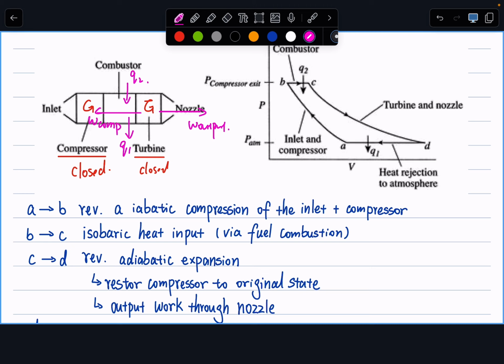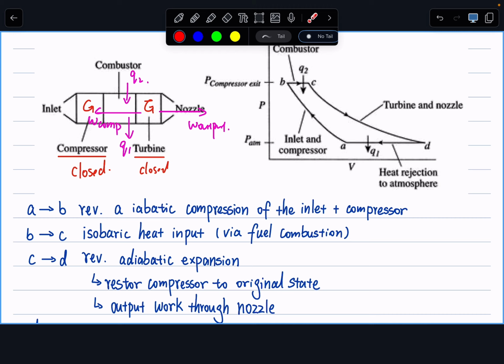We can ask a few questions. Is my work output positive or negative? Are Q1 and Q2 positive or negative? And is my work compression positive, negative, or zero? In this case, since my system is my compressor plus my turbine, my work compression is zero because it's work within the system.